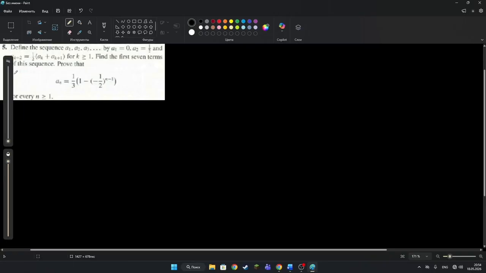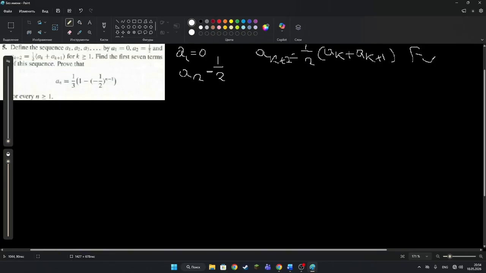So what we see: define the sequence a1, a2, a3, etc. by a1 is equal to 0, and a2 is equal to half, and a(k+2) is equal to half multiplied by (a(k) plus a(k+1)), where k must be more or equal to 1.